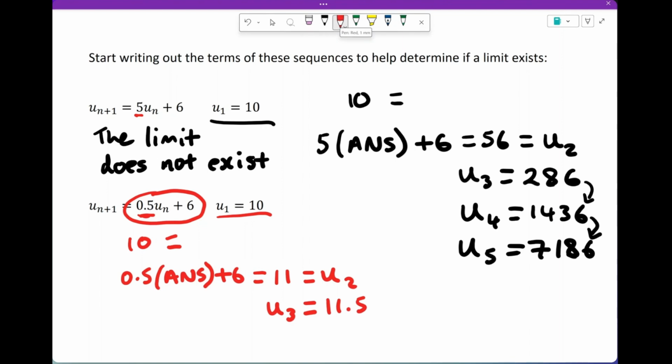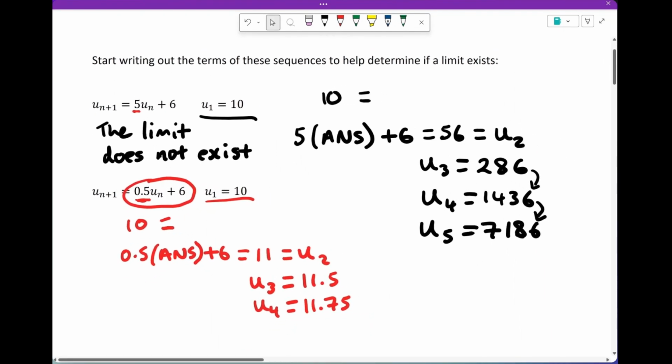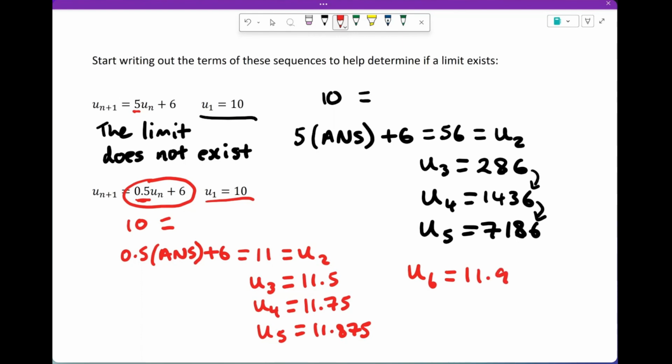And if I hit equals again, I get u4, which is going to be equal to 11.75. And then if I hit equals again, we get u5, which is equal to 11.875. And then click equals again, and I get u6, which is going to be equal to 11.9375.